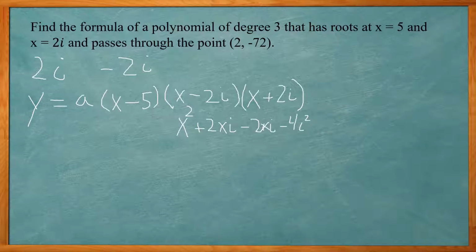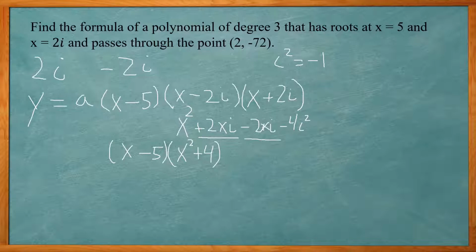Now when I combine like terms, the positive 2xi and the negative 2xi add up to 0. And i squared is equal to -1. So here I got -4 times -1, that's going to be +4. So x squared plus 4. I bring down the x minus 5.